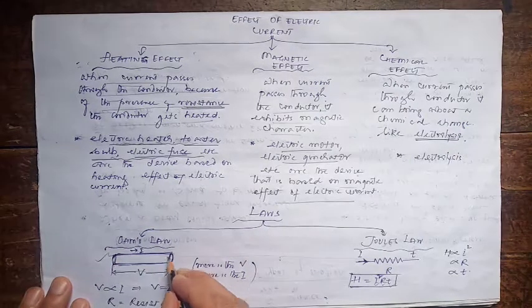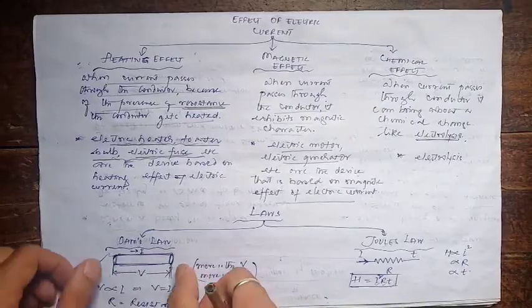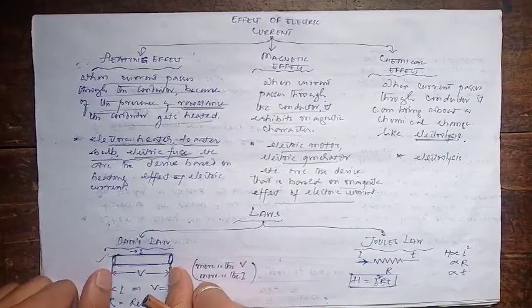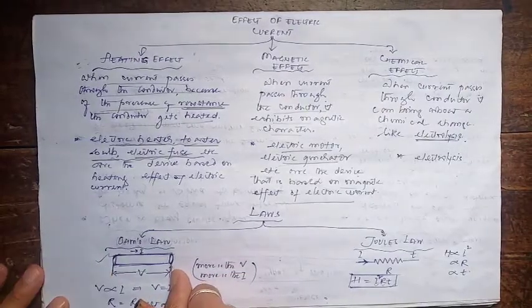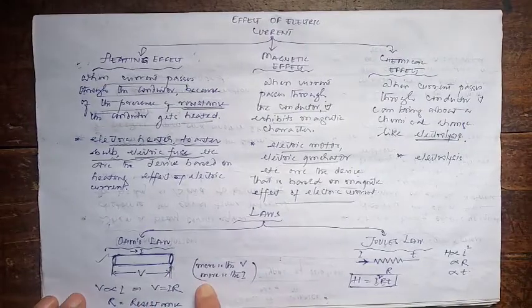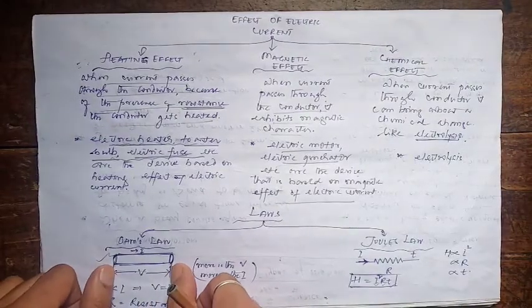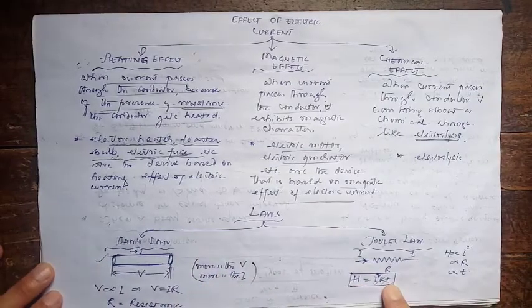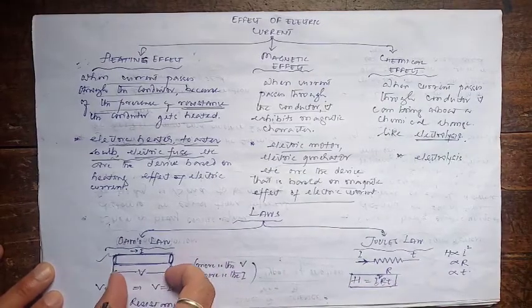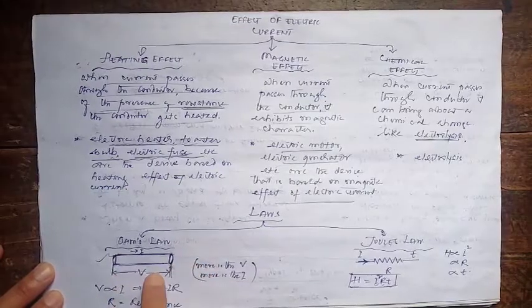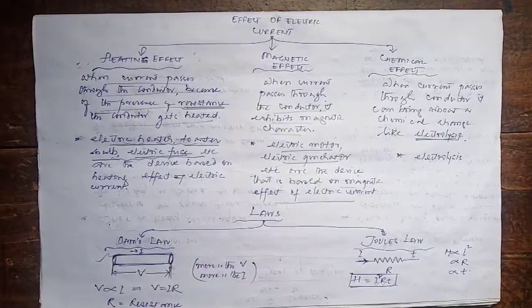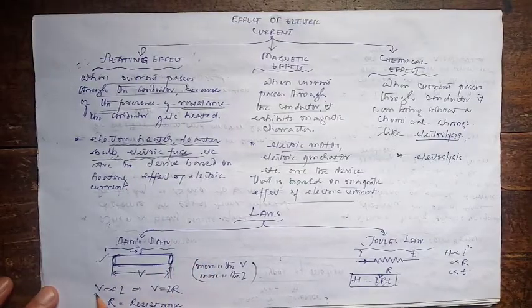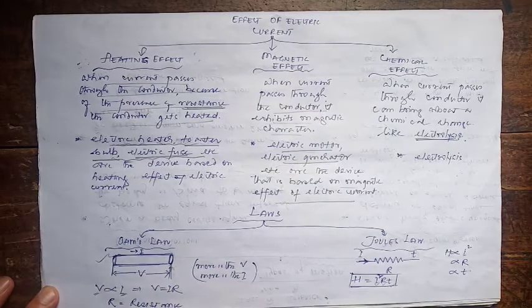Suppose this is the conductor. If we maintain a potential difference of V volts across the ends of this conductor, the current flows. And it is found experimentally that if you maintain more potential difference across the ends of this conductor, more current flows through the conductor. And if we decrease the potential difference across the ends of the conductor, the current flowing through the conductor will also be less. So it has been found experimentally that the potential difference across the ends of the conductor is directly proportional to the current.